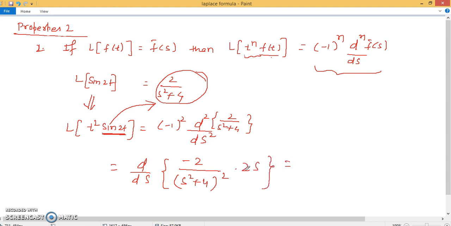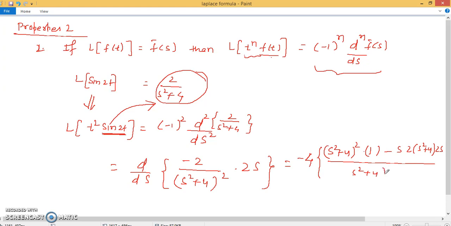Okay, so once again if we differentiate, this constant term I will take outside, minus 1 by 4, and I will get s by s square plus 4 whole square, and the differentiation is u by v differentiation: v into du by ds minus u into dv by ds, divided by s square plus 4 whole square.